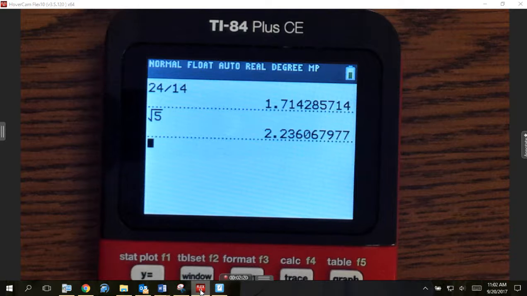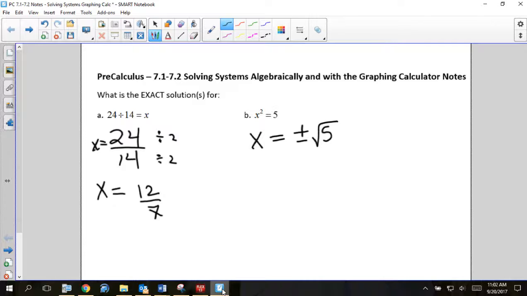No, the square root of 5 is an irrational number, so the decimal is going to go on forever, and there's no pattern, no repetition, it's just a decimal forever. So if you type it in your calculator, you're not going to have the exact answer. What is the exact answer? That. And there's more than one answer, so I'll put it in squiggly brackets.